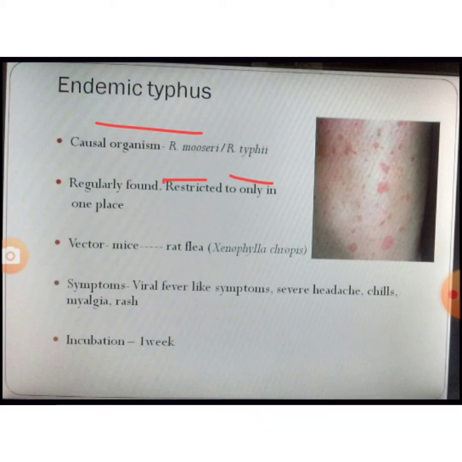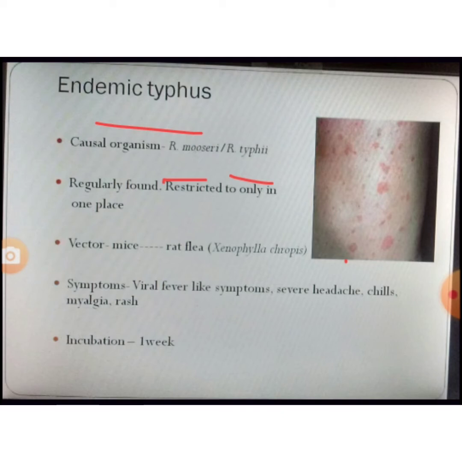Endemic typhus is a disease which is regularly found throughout in a particular area in a group of people. Whereas epidemic is not that. Epidemic is in one particular period of time the disease occurs. But this endemic is found regularly throughout the year.